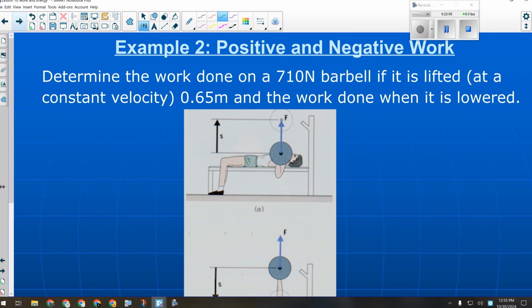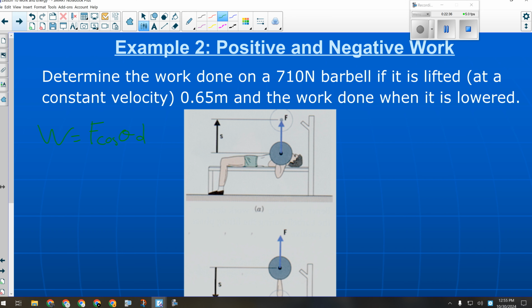Now, how can we prove mathematically that the barbell gains energy on the way up and loses it on the way down? Here's our formula: work is F times the cos of theta times D. Now, do I know the force?